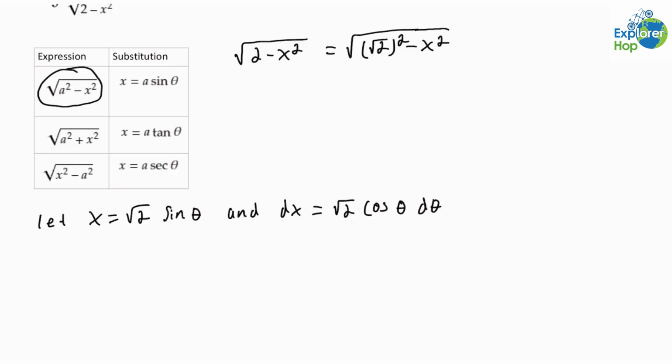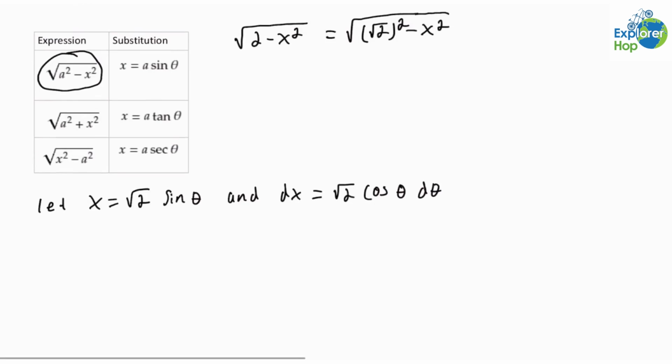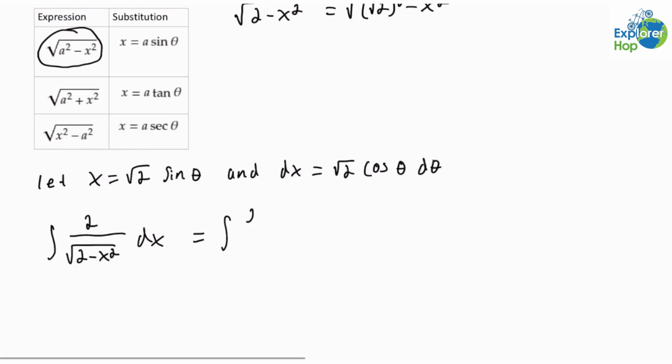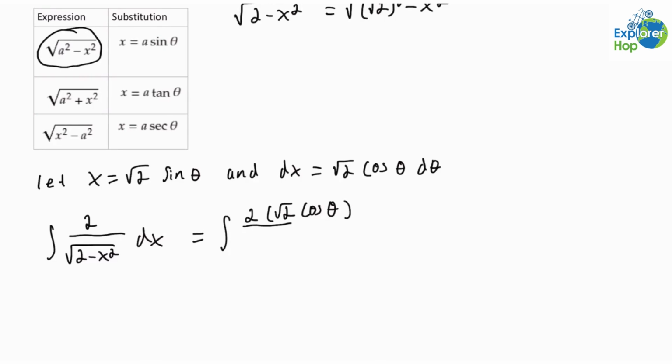Now we're going to make the substitution. So we get that the integral of 2 over root 2 minus x squared dx is equal to the integral of 2 times root 2 times cosine of theta over root 2 minus root 2 sine theta squared d theta.